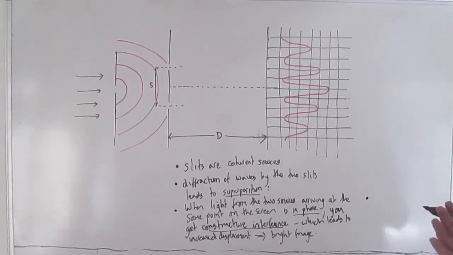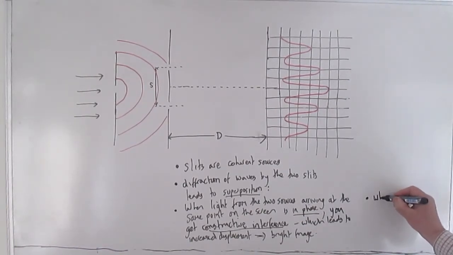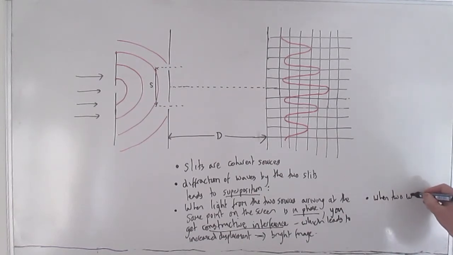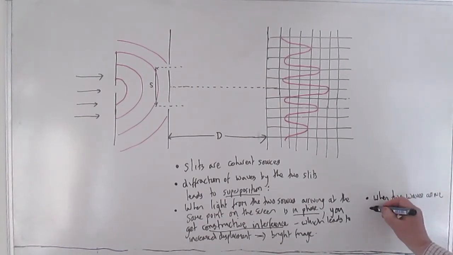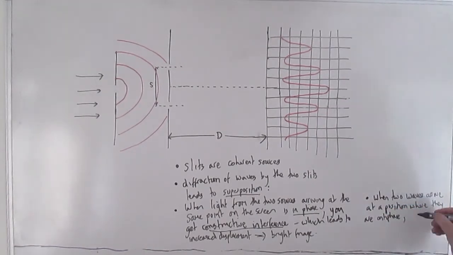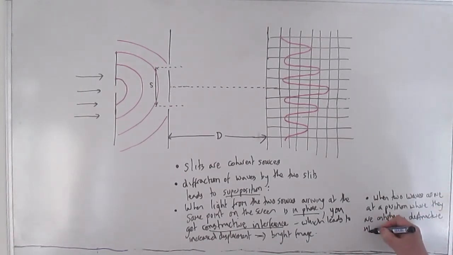it's just worth, if you've got a little bit of space left, to say, when 2 waves arrive at a position where they're antiphase, then destructive interference decreases the displacement.